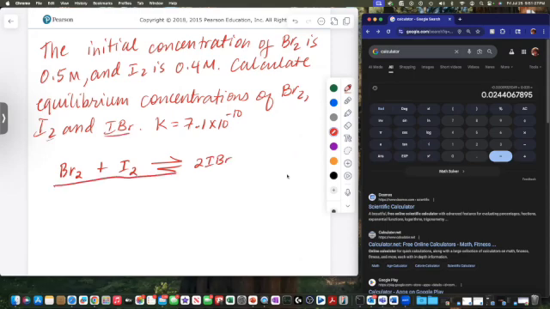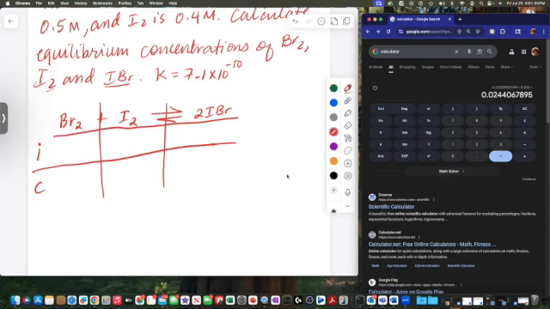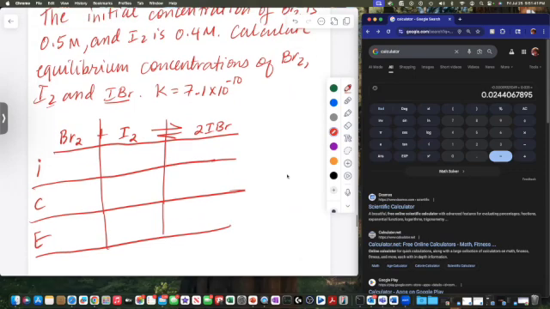We're given initial amounts of the reactants. So we have initial, we have change, and we have equilibrium amounts. So let me go ahead and put this here. Our initial amounts are 0.5 molar and then 0.4 molar. This initial amount was not given. Our K value for this reaction is 7.1 times 10 power negative 10.